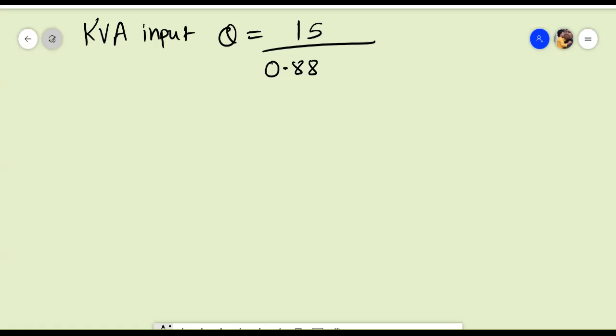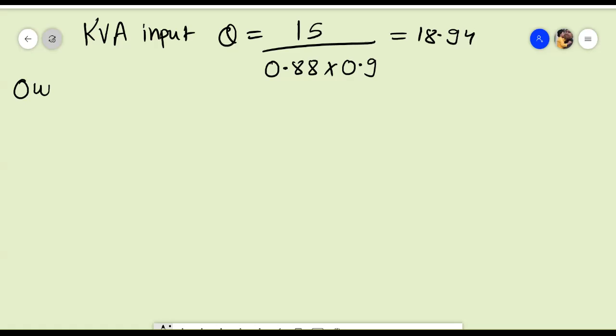So we know that the kVA input is given as Q equal to 15 divided by 0.88, which is the efficiency, multiplied by 0.9, which is the full load power factor. So that will be about 18.94 kVA. Okay. And then we will have the output coefficient.